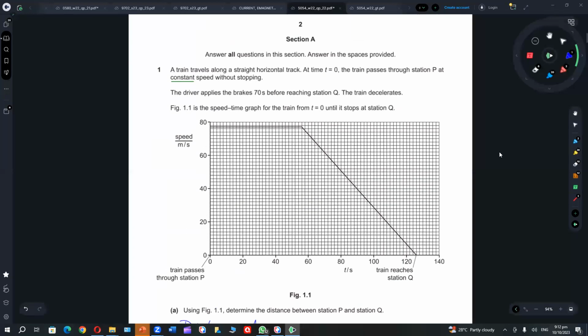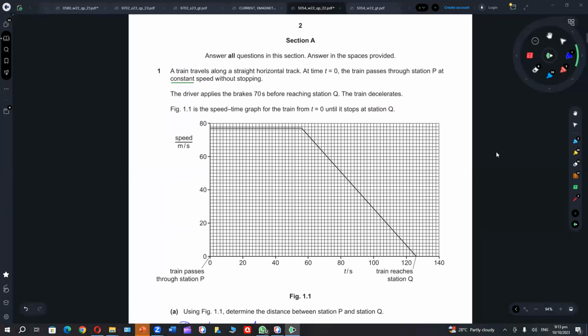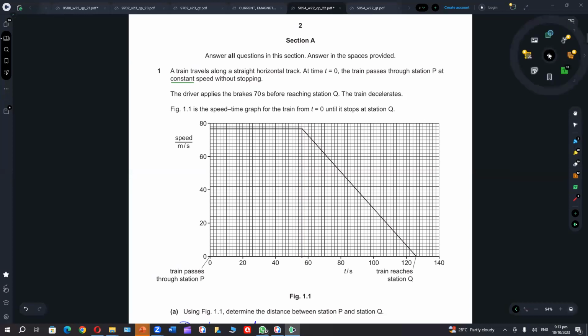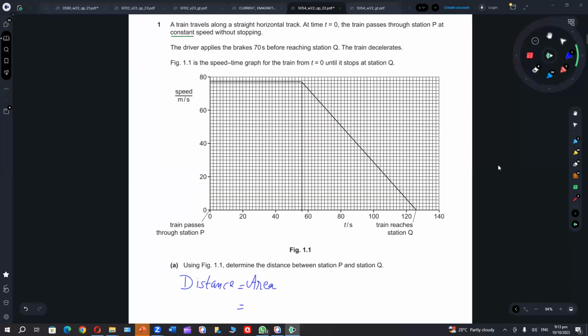So you can look at this shape. Either you go for the trapezium or triangle plus, because this is a combined shape. I'm shading it.